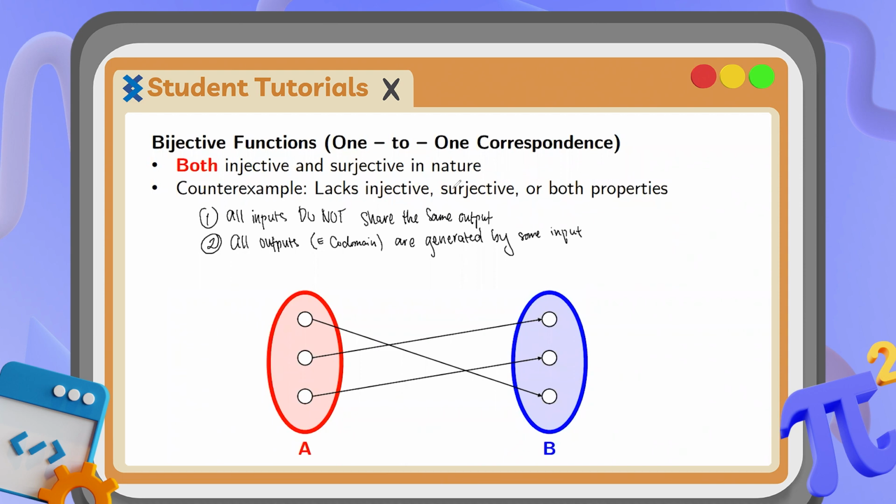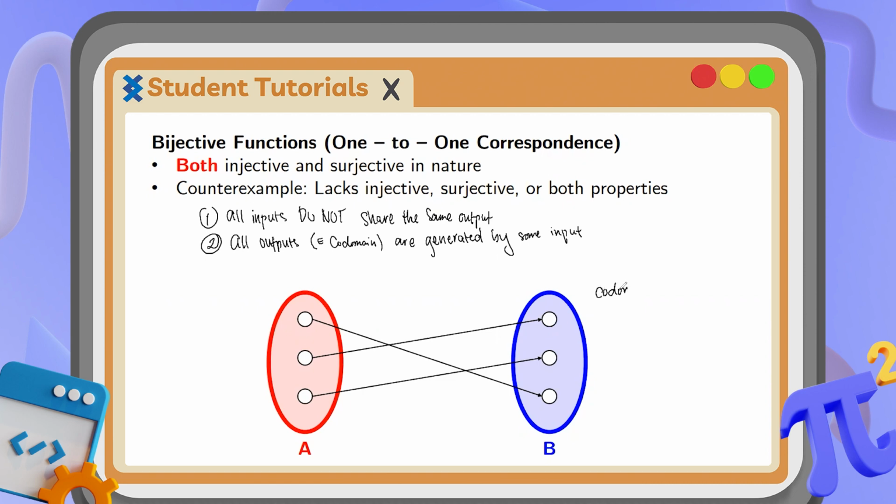So how can we determine a counterexample for this? For it to not be bijective, it's actually simple. It needs to be not injective or not surjective, or neither injective nor surjective. So in this case, we have a function over here where every input in the domain is mapped to elements in the codomain.